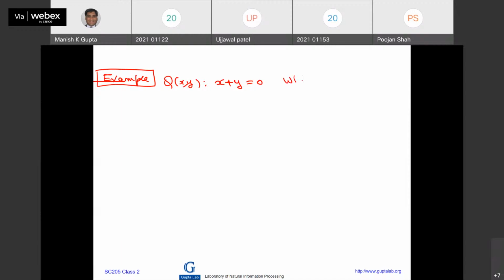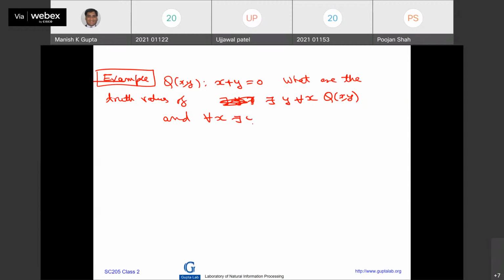The question is, what are the truth values of the quantifiers: there exists y for every x, Q(x,y), and second, for every x there exists y, Q(x,y)? x and y are real numbers. The domain is specified.